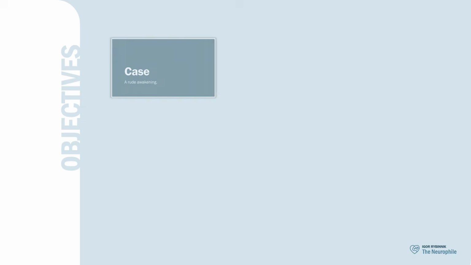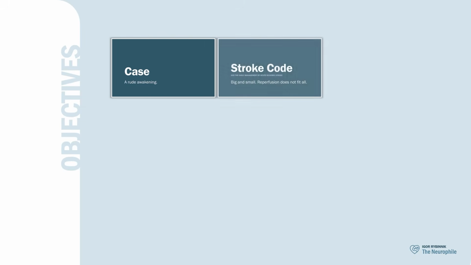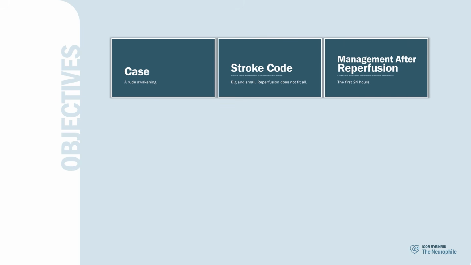We will start with a case. Review the early steps in the management of acute ischemia and the main purpose of the stroke code to determine eligibility for acute stroke therapies. We will take a small detour to discuss the approach to transient ischemia and mild stroke. Next, we'll review the management within the first 24 hours after reperfusion, focusing on preventing secondary injury.